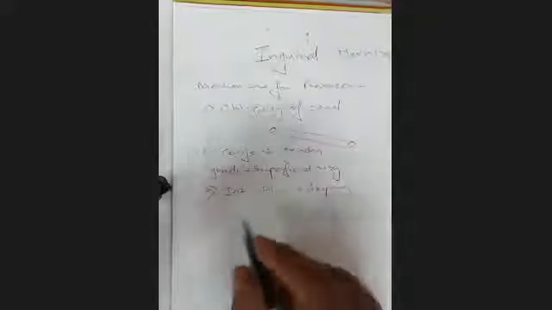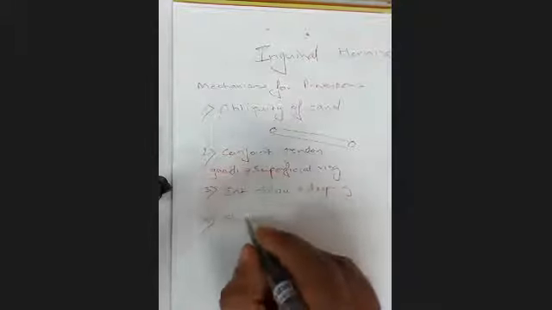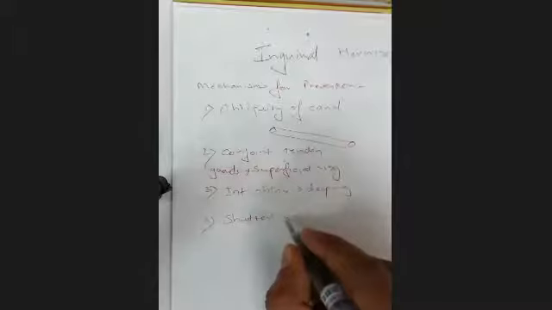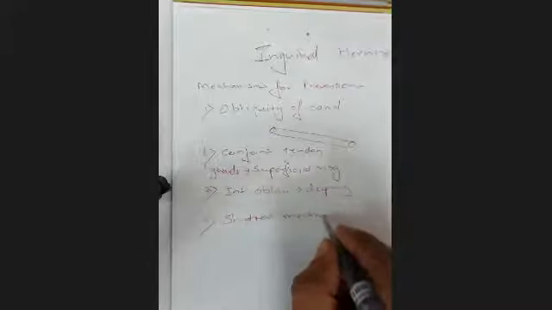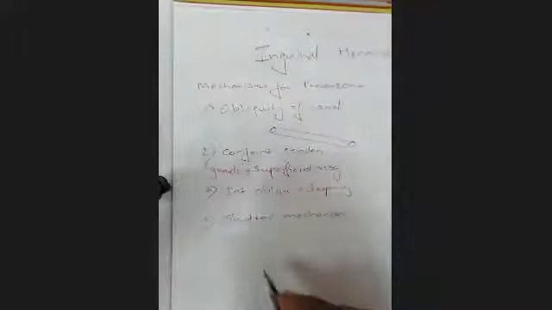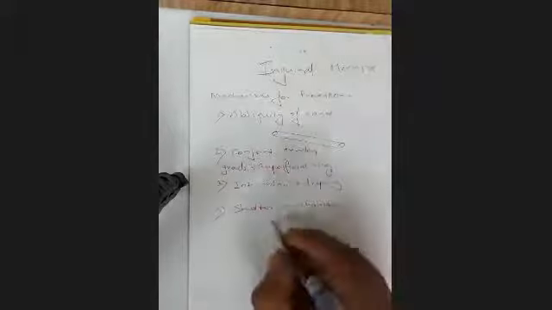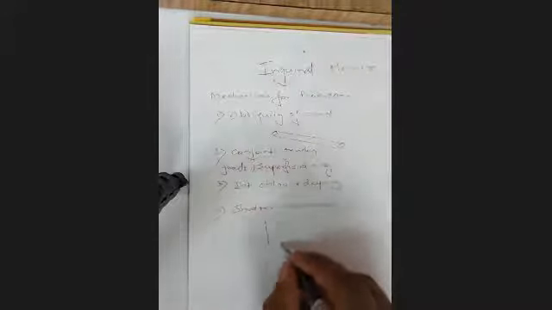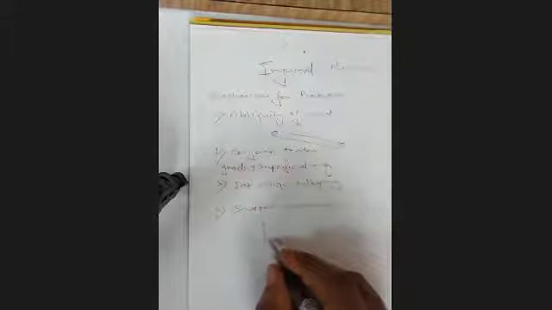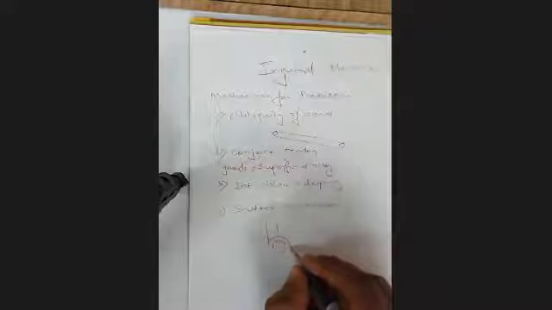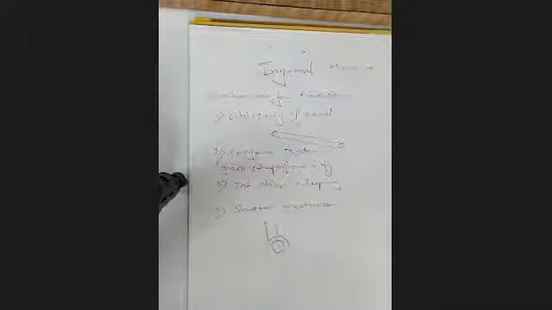The most important mechanism is the shutter mechanism. What is this shutter mechanism? The internal oblique, as we had drawn that day, lies in the anterior wall of the canal, and in the roof of the canal, along with transversus abdominis, it forms the conjoint tendon, and is there in the posterior wall also.